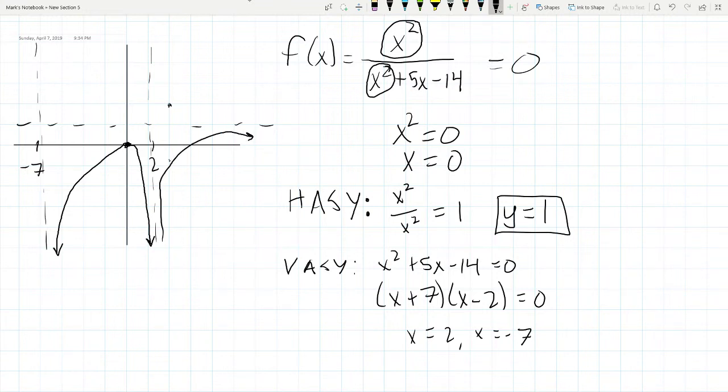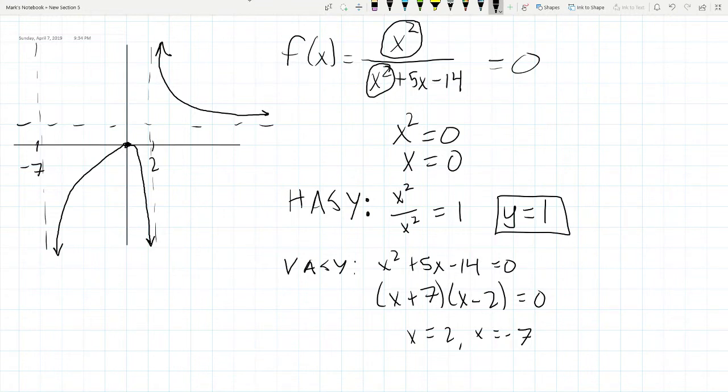So which one is it? Well, we'll just plug in x equals 3, and we would get something greater than 1. I'll let you do that for yourself again. But since we have something above that horizontal asymptote, it will continue to look like that.